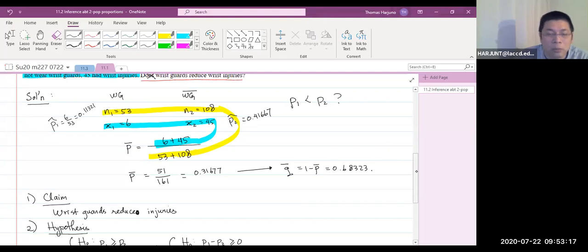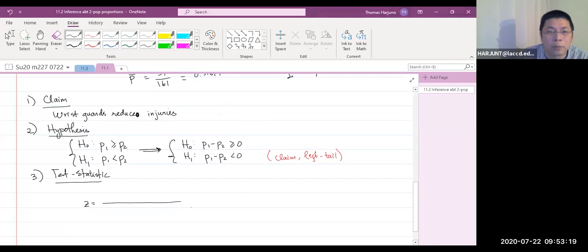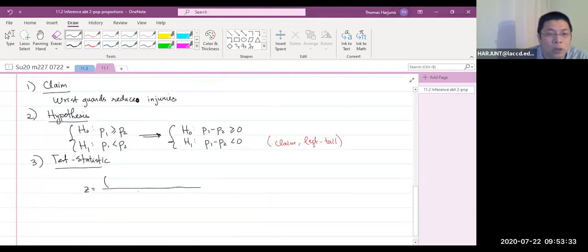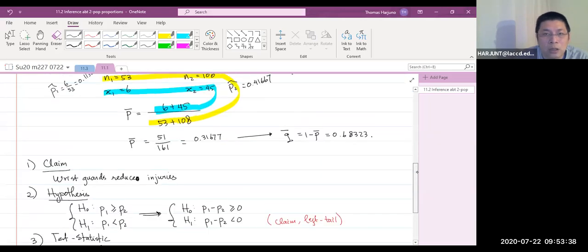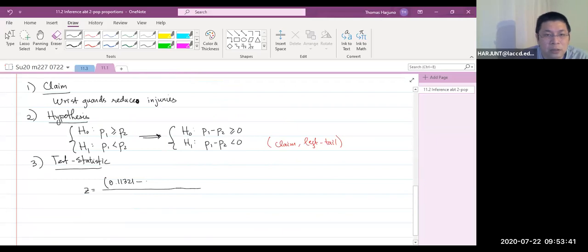use this model more appropriately. But we still basically need the requirement that the number of successes and the number of failures in each case is at least 5. So this will be 0.11321 and this is 0.41667 minus that 0, the one I mentioned here, over the square root of P bar Q bar.